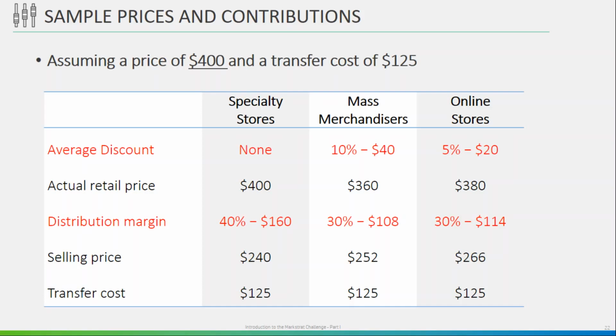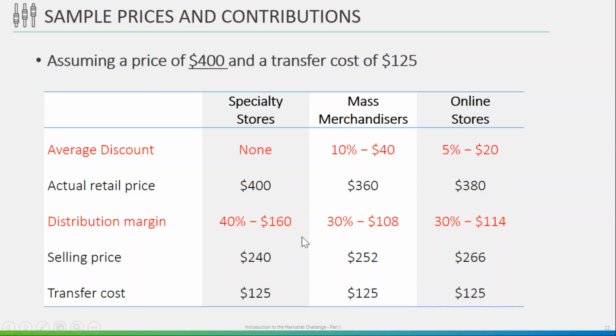Well, each of the channels has the flexibility to provide a discount. So if you say $400, specialty stores are going to charge $400. Mass merchandisers are going to charge $360 because they take a 10% discount. Online stores take a 5% discount. So they're going to sell your products not for $400 but for $380.